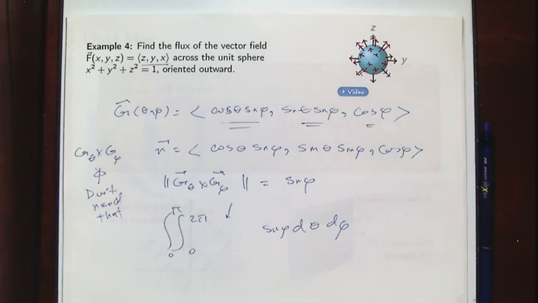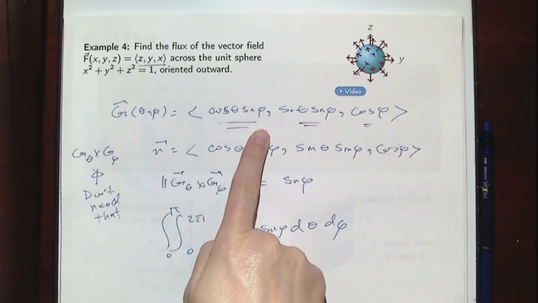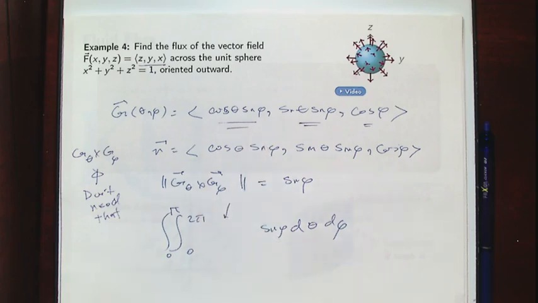You draw a point, origin to a point on the surface, and then that gives you a position vector, the parameterization. Then you continue that outward. It's going to be orthogonal to the surface.